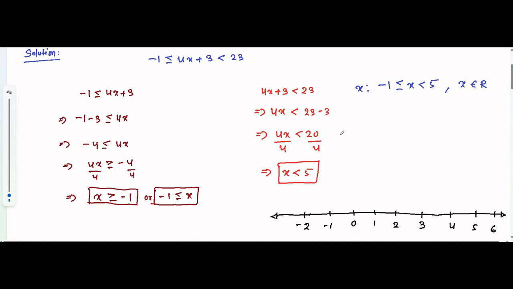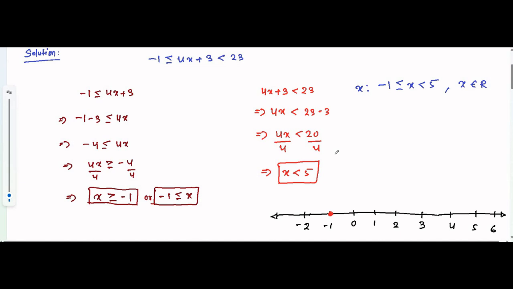So x is greater than or equal to -1. For this greater than or equal to, because this equal to is present, at -1 we'll put a filled in circle, a darkened circle.